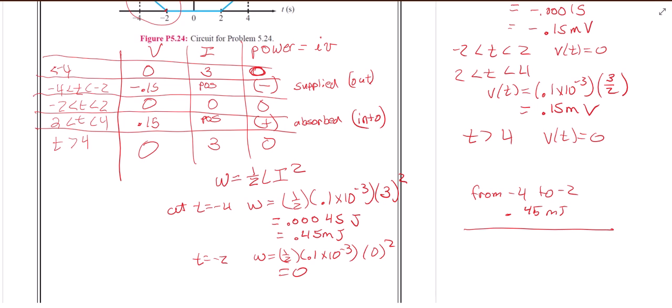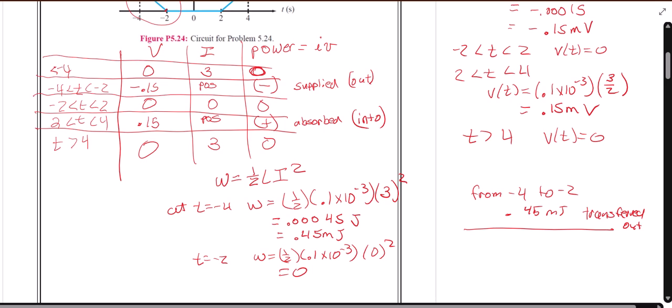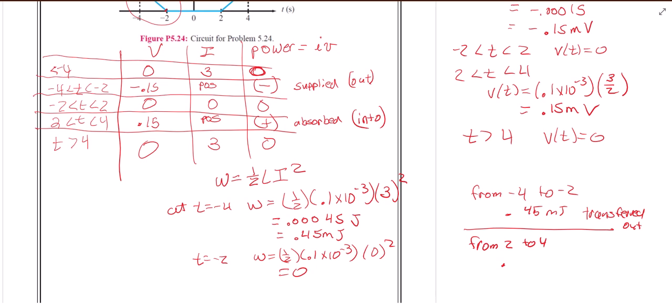And so by the time you get to time t equals 4, the inductor will have absorbed that energy. So this one was from -4 to -2, 0.45 millijoules transferred out. And from 2 to 4, 0.45 millijoules transferred in.